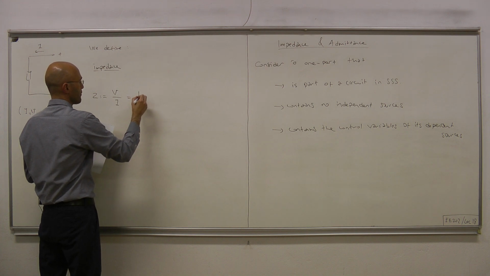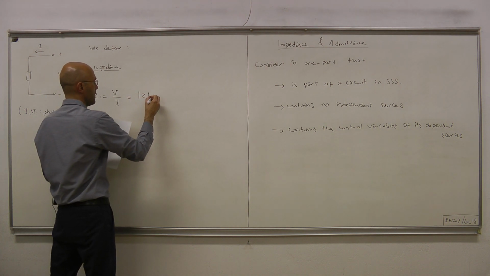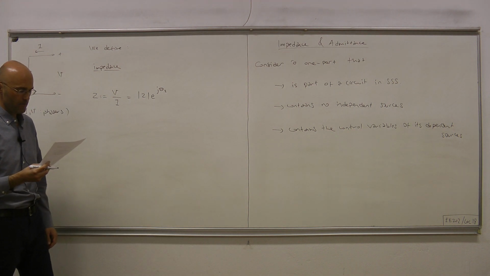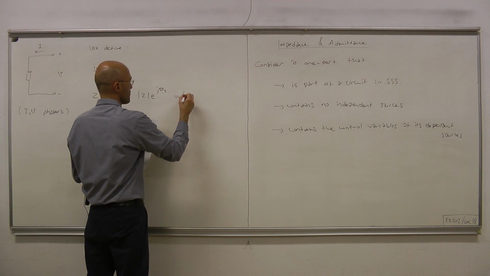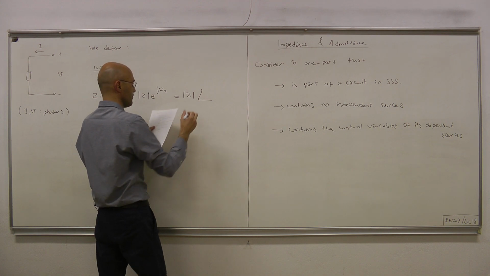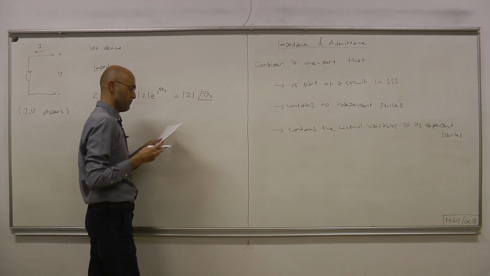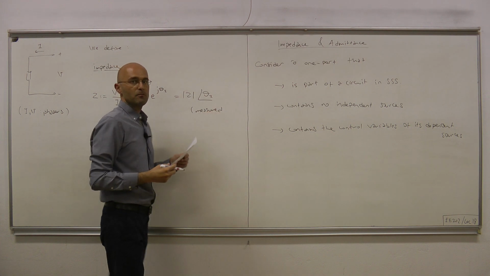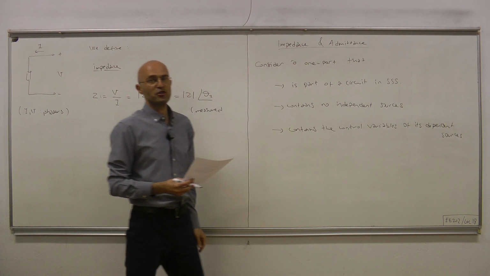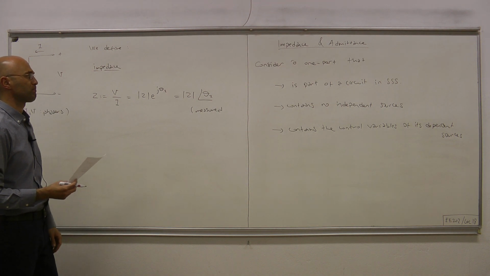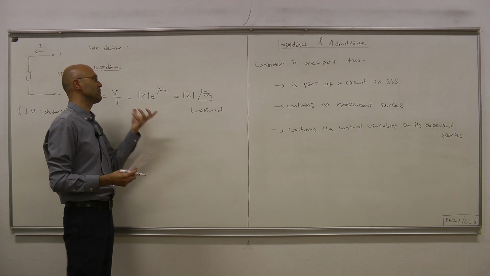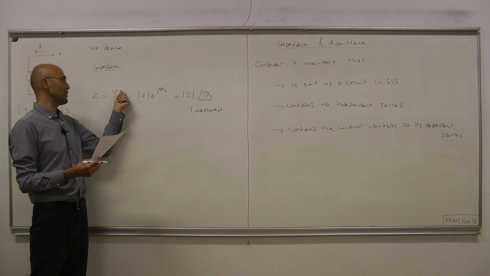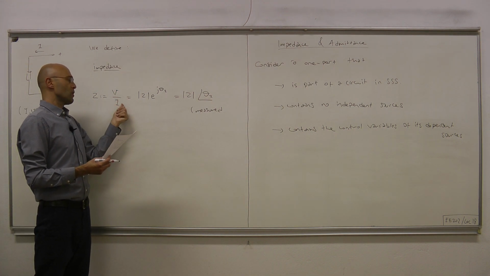So it will have the form of some magnitude times e to the j theta z, some phase theta. And just like resistance is measured in ohms in time domain, in phasor domain we're going to measure impedance also in ohms, because we're taking the ratio of voltage to current.